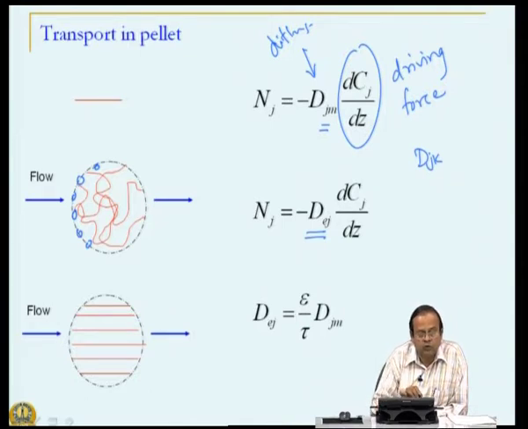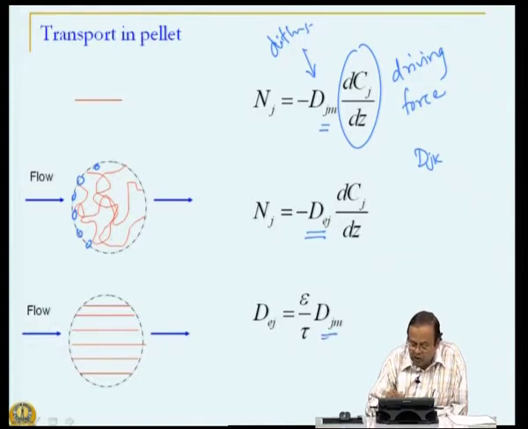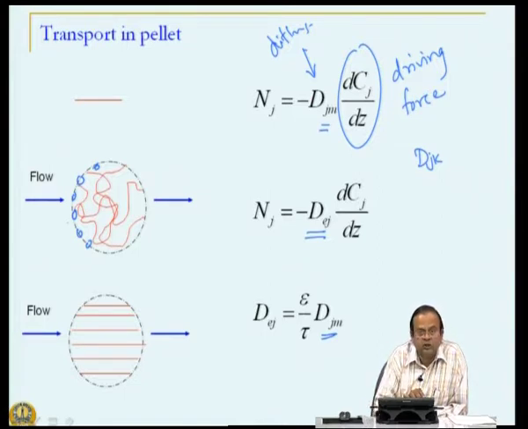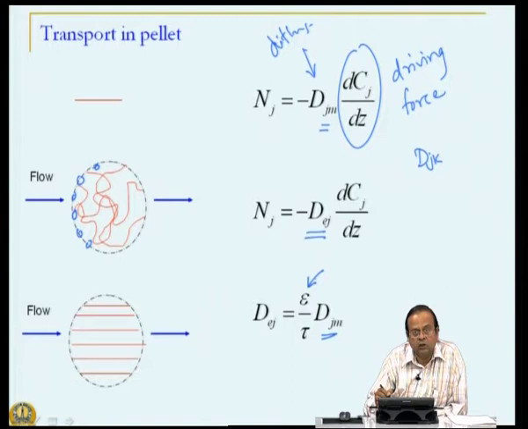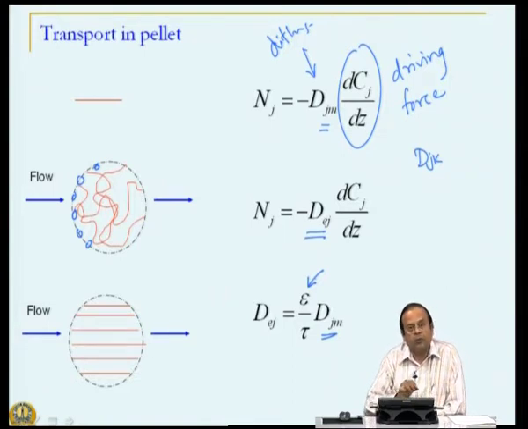So, diffusion coefficient, if you are going to describe the flux in terms of properties of the catalyst pellet, so surface area let us say, this DJm from here has to be modified because only a fraction of this is available for flow, and that fraction is the void fraction. So, DJm gets multiplied by the void fraction.